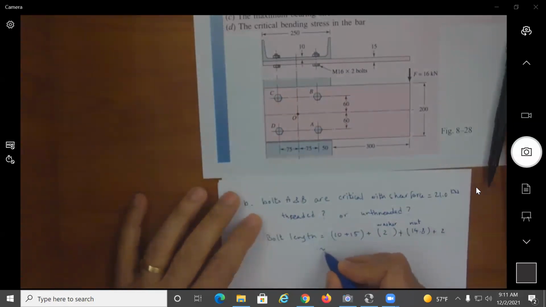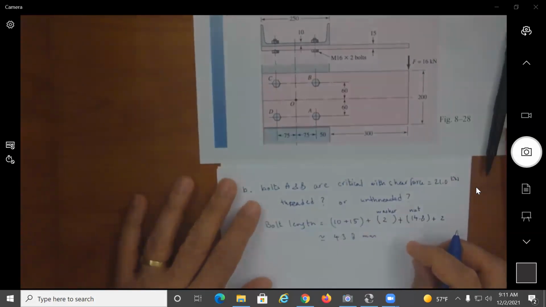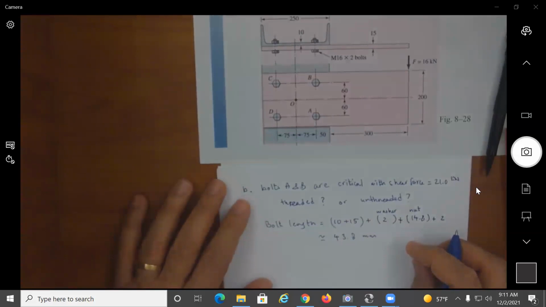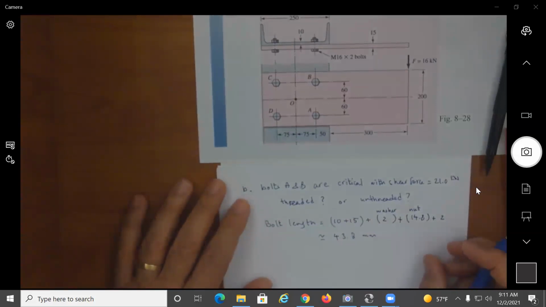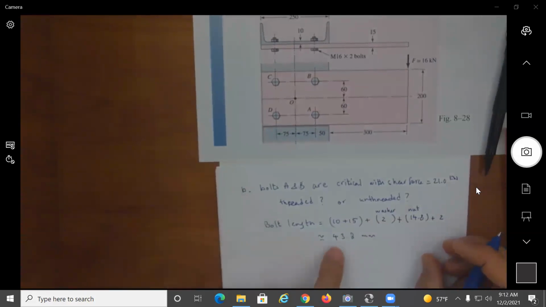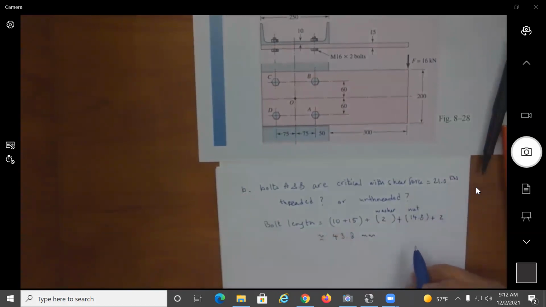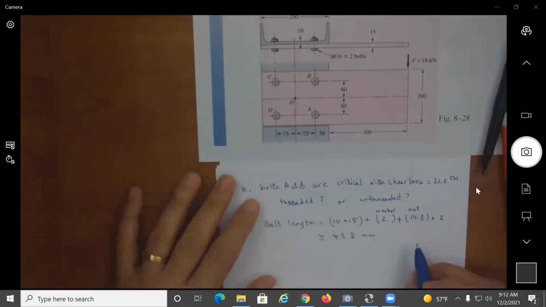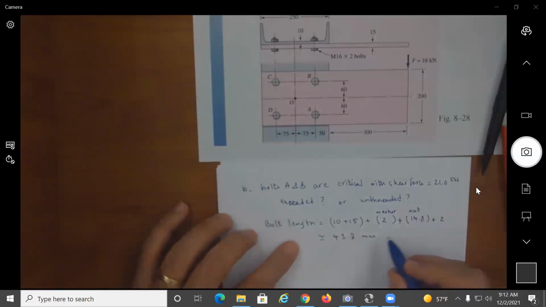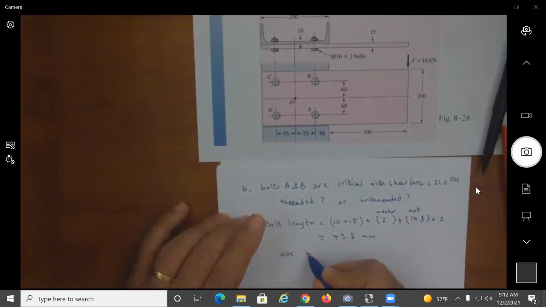So I get 43.8 millimeters. So we say maybe we're going to use a bolt of 46 millimeter.